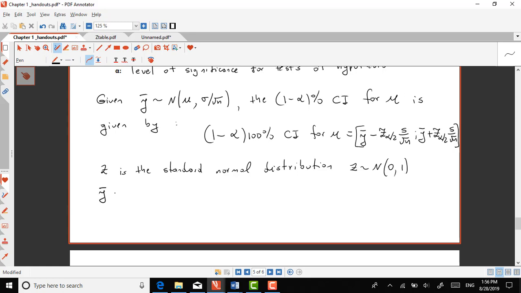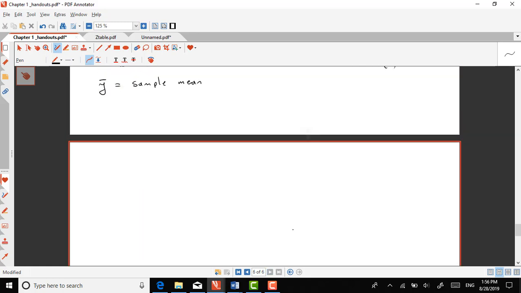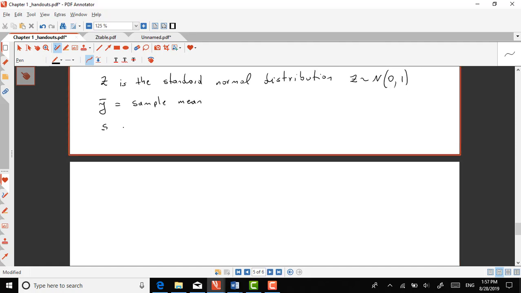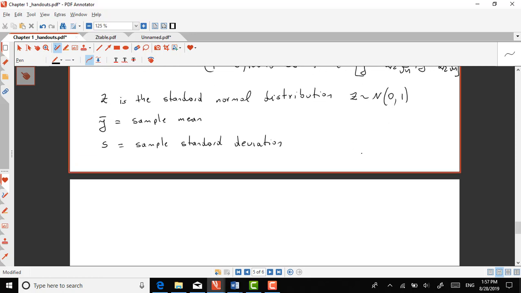So remember, y bar is just the sample mean. S is the sample standard deviation. Okay. Now let's see specifically what that Z alpha over 2 value is.